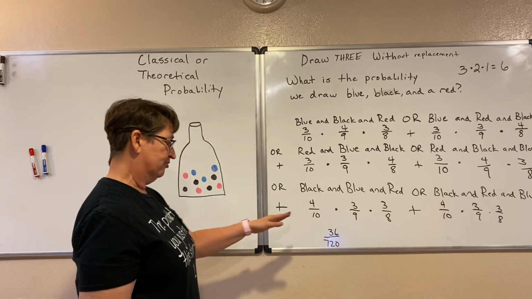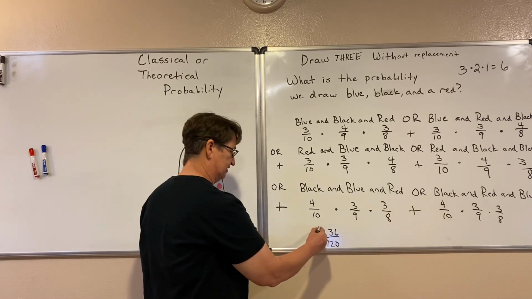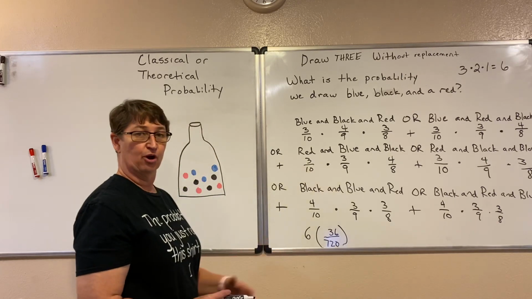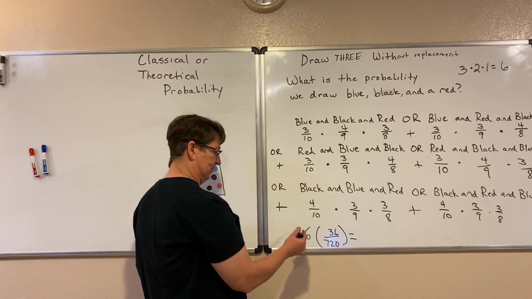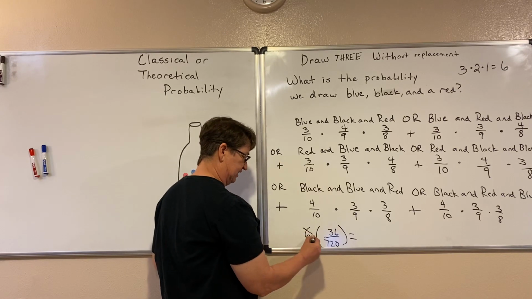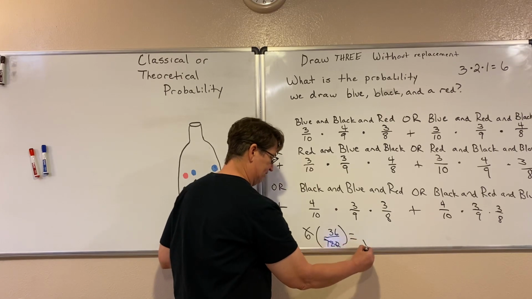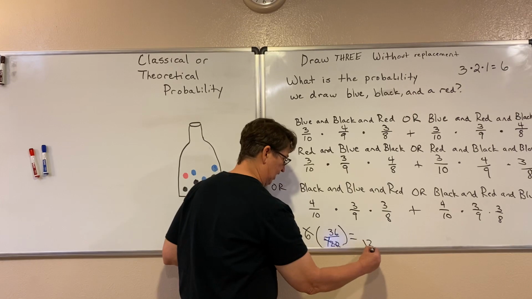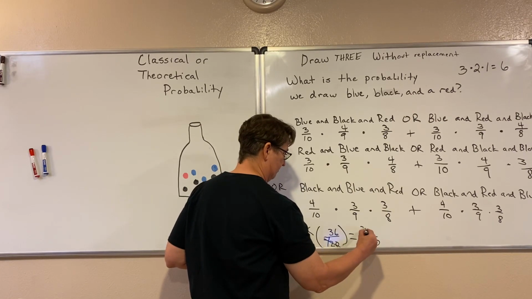Instead of adding 36 over 720 6 times, I could just take that and multiply it times 6, because there are 6 of them, to find that out. Now, I could do a little bit of simplification here. 6 goes into 720. Well, it goes into 7 one time with 1 left over. It goes into 12 2 times with 0 left over, and then it goes into 0 0 times.